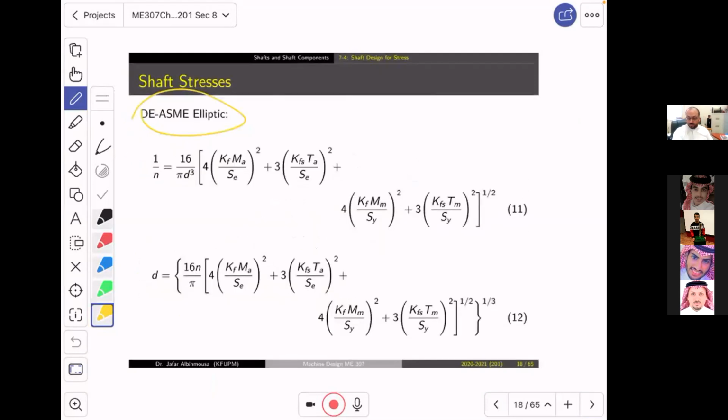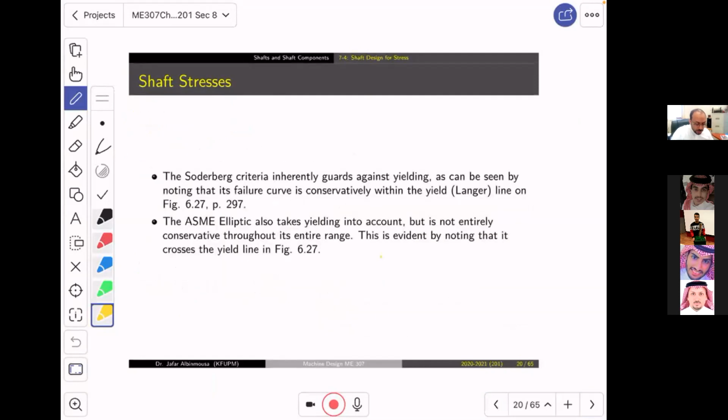There is only one note, if you remember: Söderberg is the line between SE and SY, and the Langer line goes between SY on the y-axis and SY on the x-axis. For that reason, if you decided to use Söderberg, you don't need to check for yielding.